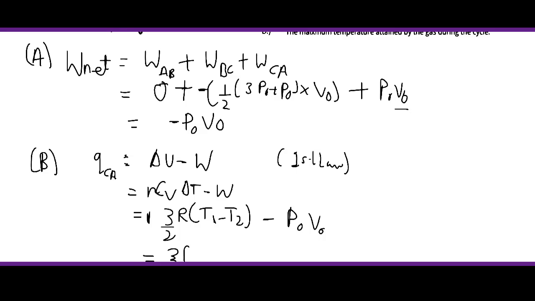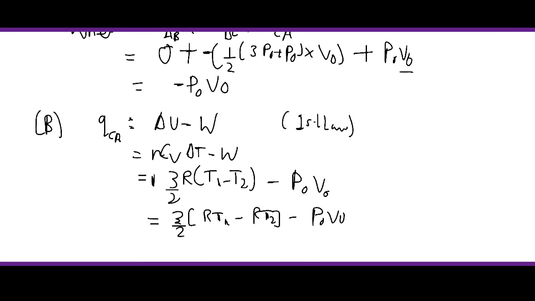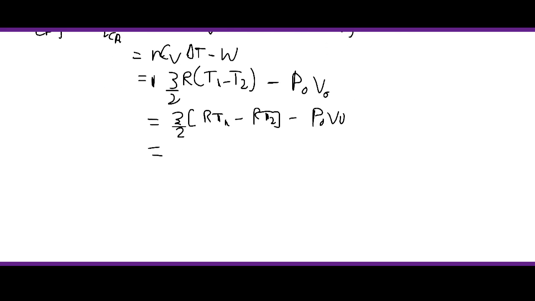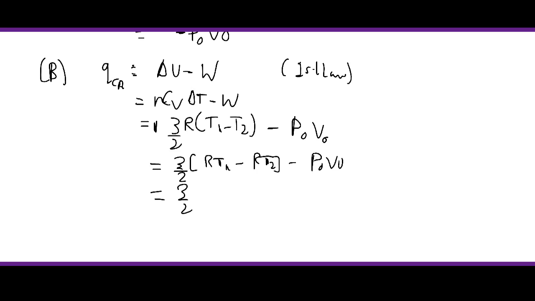So 3 by 2 (RT1 minus RT2) minus P0 V0, and RT1 can be written as P1 V1 by 1, that is, mole is 1, minus P2 V2, minus P0 V0.